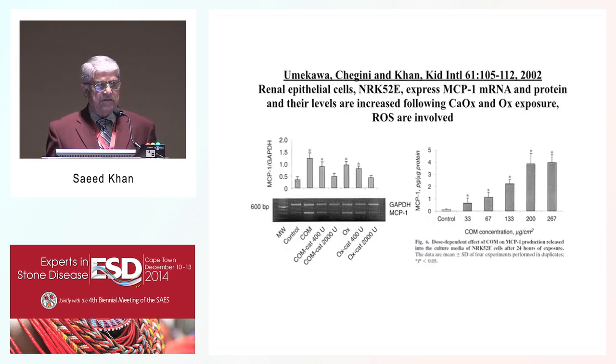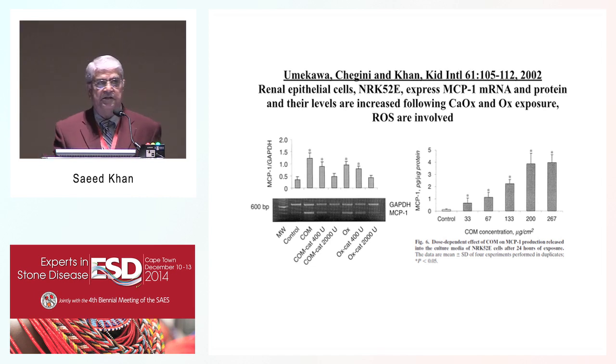Then here, this is from our tissue culture work. We found that when the cells were exposed to calcium oxalate crystals and oxalate, they all produce reactive oxygen species. And when you treat them with antioxidants like catalase, on this side you see calcium oxalate monohydrate, and here it is calcium oxalate monohydrate with catalase.